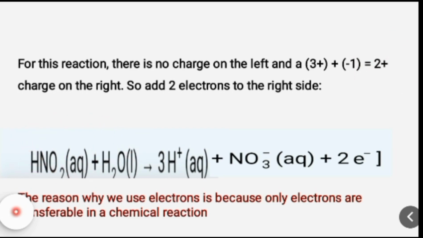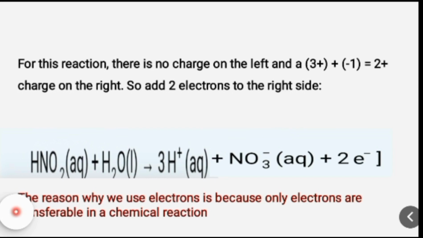But the left hand side has a net charge of 0. Therefore, to balance these charges, we're going to add 2 electrons on the left hand side to neutralize the plus 2 charge over here, therefore giving us a net charge of 0 and 0 on the right and on the left hand side respectively.